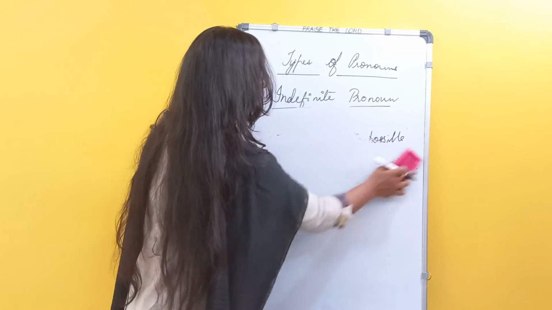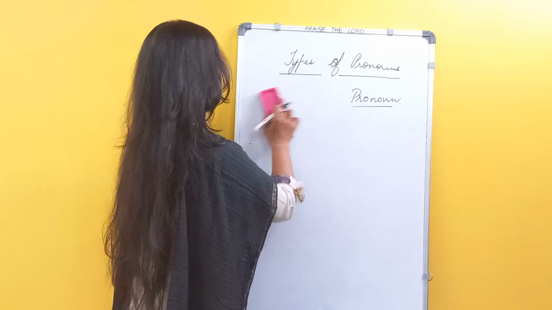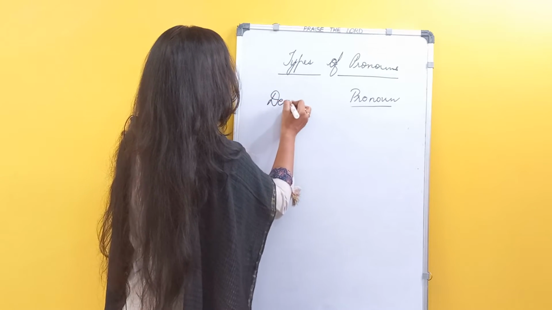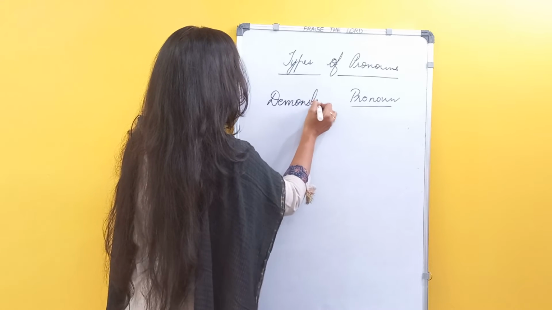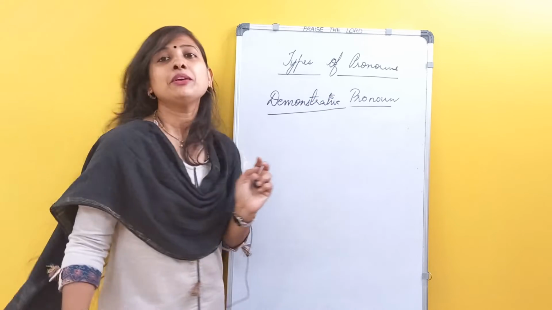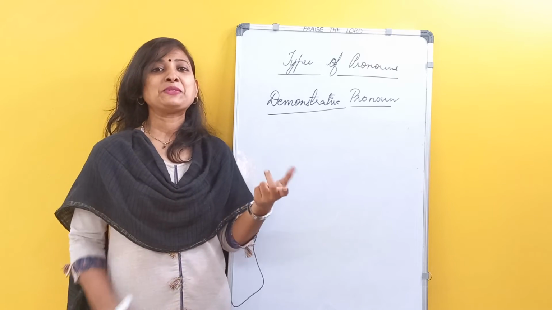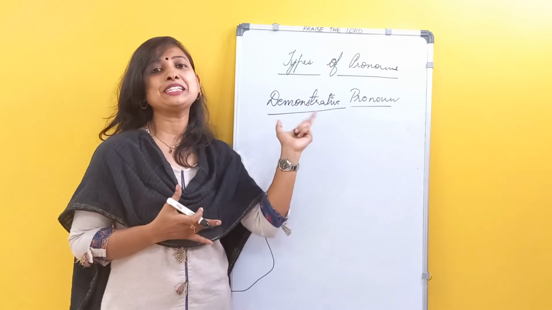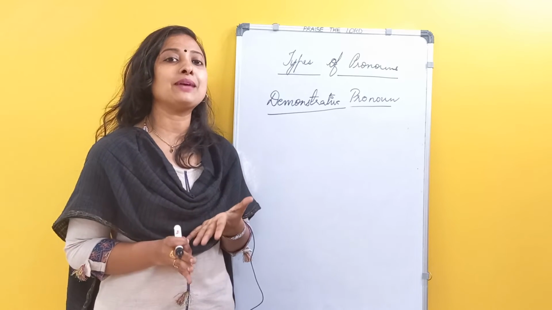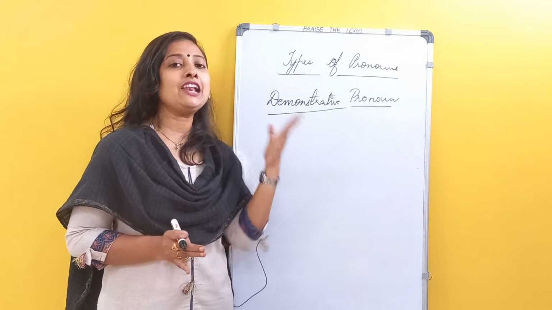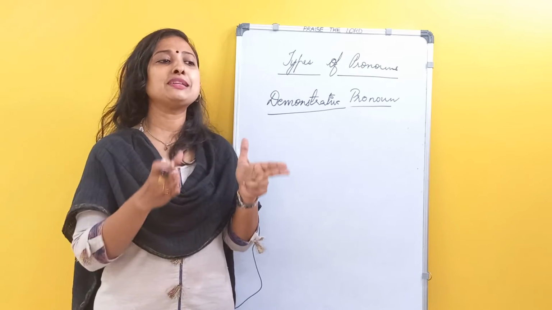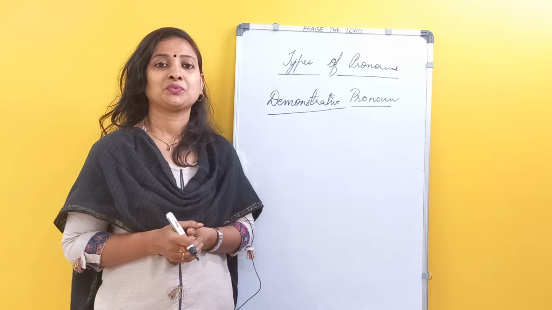So, the next kind of pronoun which we will be discussing today is demonstrative pronoun. Demonstrative pronoun again. So when you look at this particular thing, you can make it out. Demonstrative pronoun is something, from the name itself, it is used to demonstrate. Demonstrate means show.